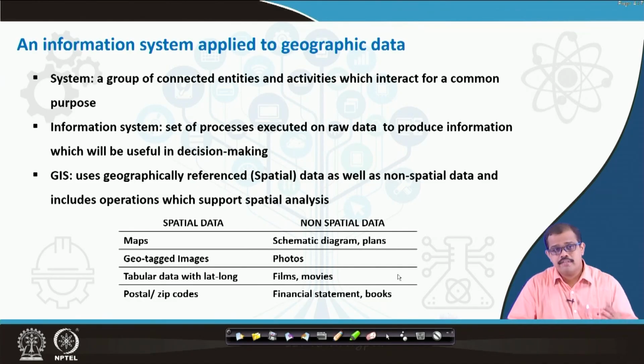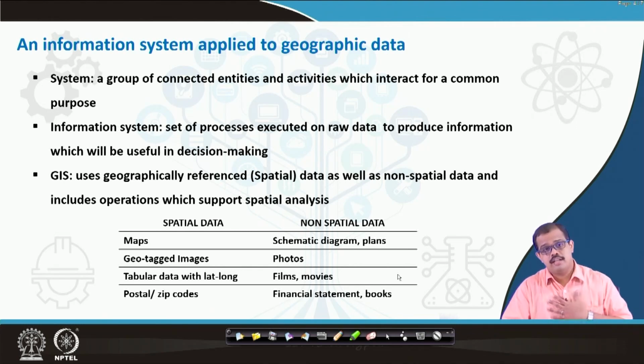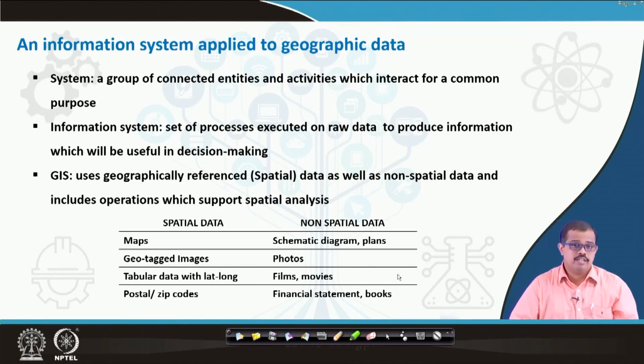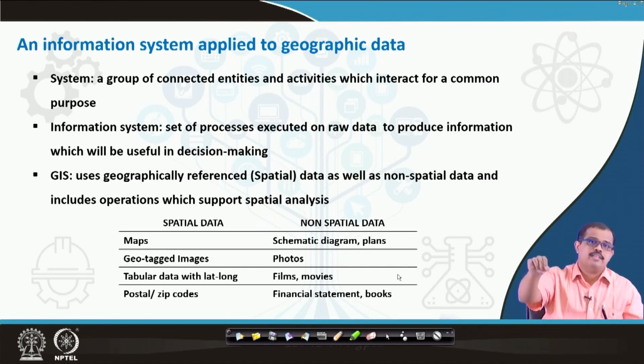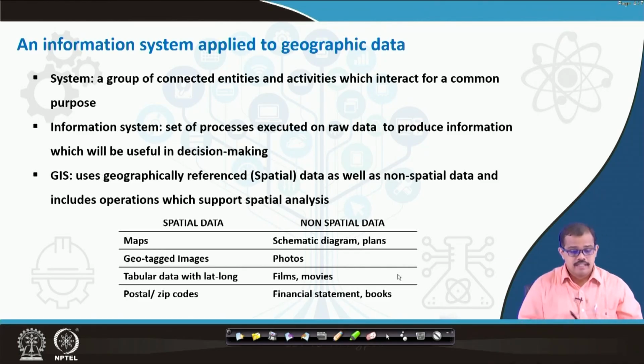So how can we derive information from this system? When I say system, it is a group of connected entities and activities which interact for a common purpose. So when I am trying to derive different pizza stores in that particular region, I am connecting all the activities in that region with entities which are nothing but pizza stores, and using this as an effective system.